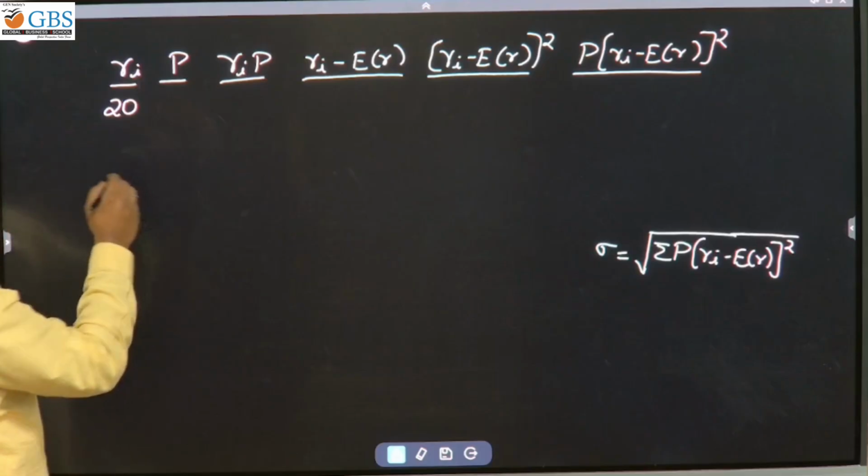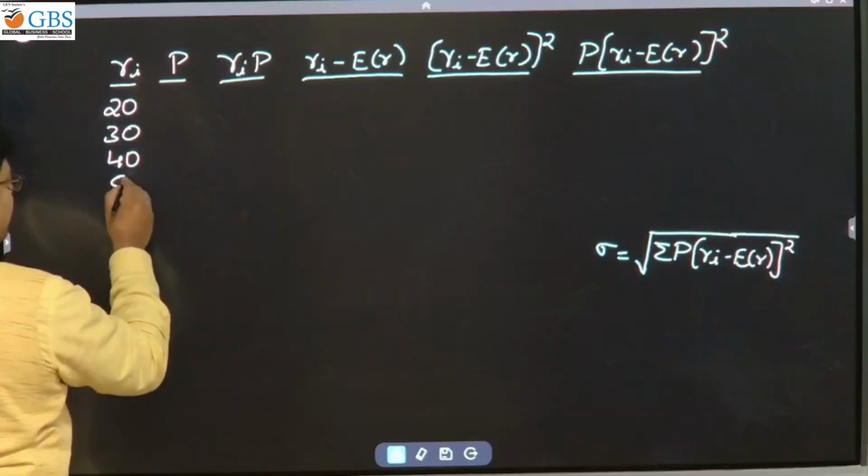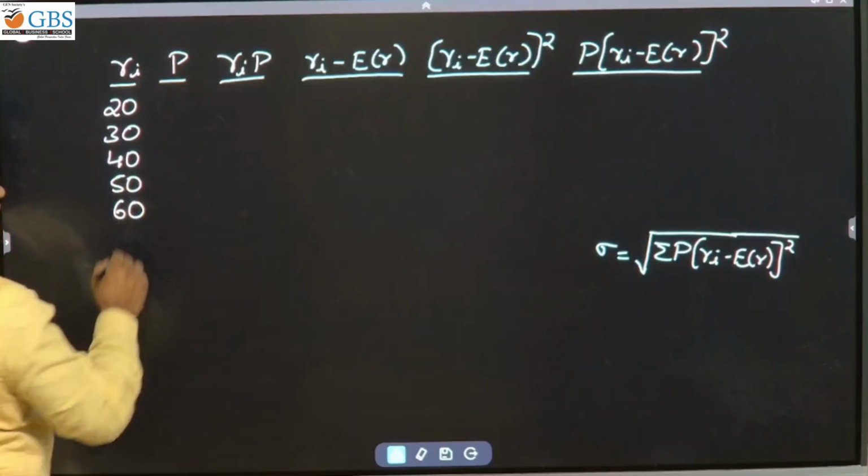Then Ri. The first one is 20%. Either you can write in decimals or directly 20, no problem. I repeat: 20%, we can write directly 20, or instead we can write 0.2. Then 30%, next 40, next 50, 60. Done.